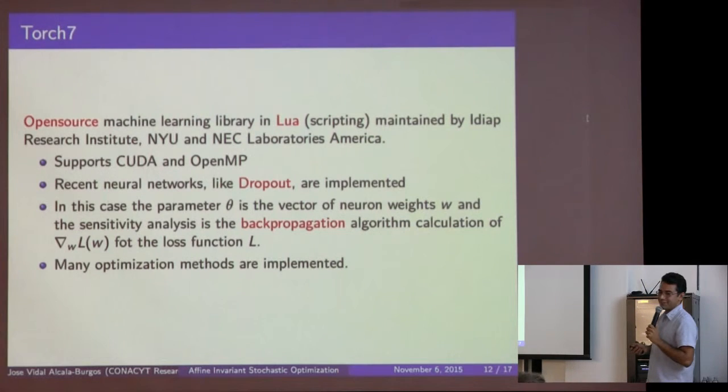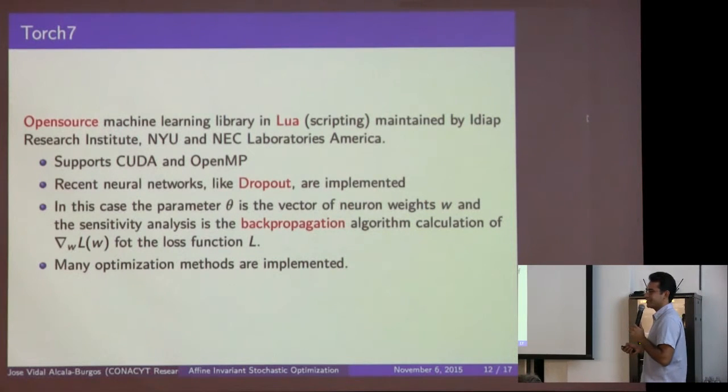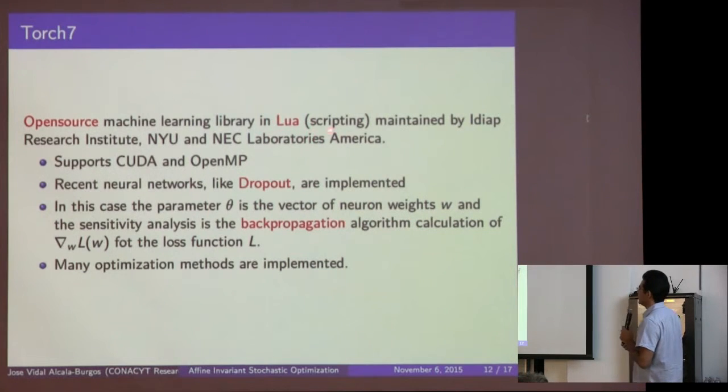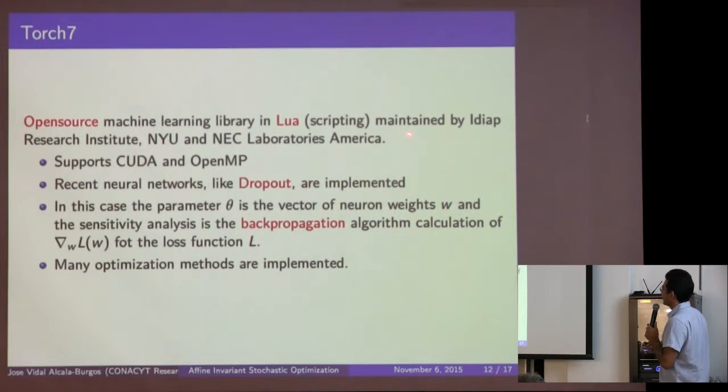Well, anyway, you did a great job. I really like this library. So anyway, first of all, it's open source, which is just nice. You can see all the code. And so you can play with a lot of models very fast. It's written in Lua. So that's kind of like Python. It's just a scripting language.